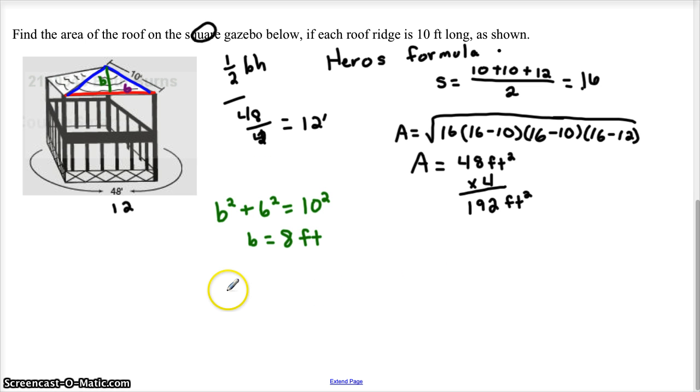Now I can use that my area is 1/2 the base, which is the whole base of 12, times the height, which we just found to be 8. Again, this gives me 48 square feet.